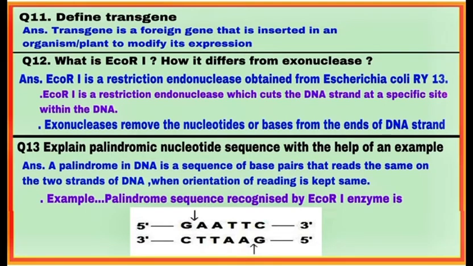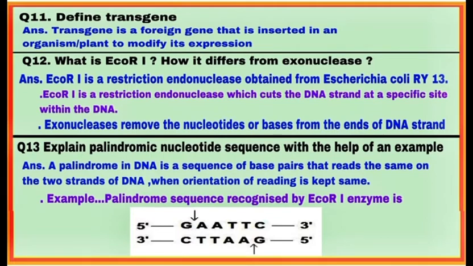Question 13. Explain palindromic nucleotide sequence with the help of an example. The sequence of base pairs present on DNA which is the same in both strands of DNA when the orientation of reading is kept the same. For example, read the given palindrome from 5 prime to 3 prime end on both the strands.